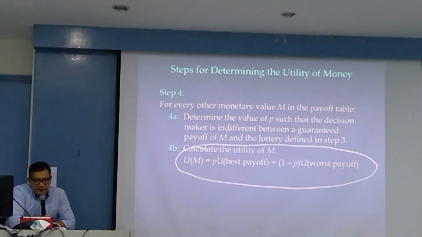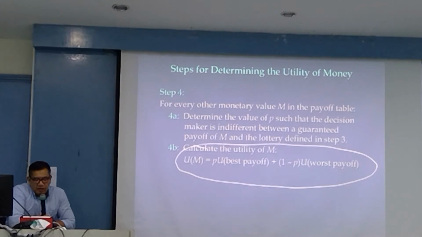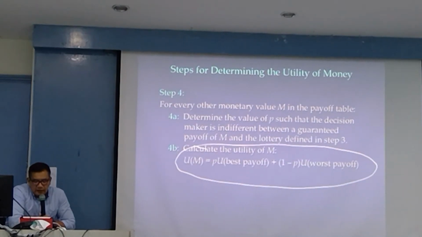The utility of every money amount is equal to the probability times the utility of the best payoff plus 1 minus the probability times the utility of the worst payoff.